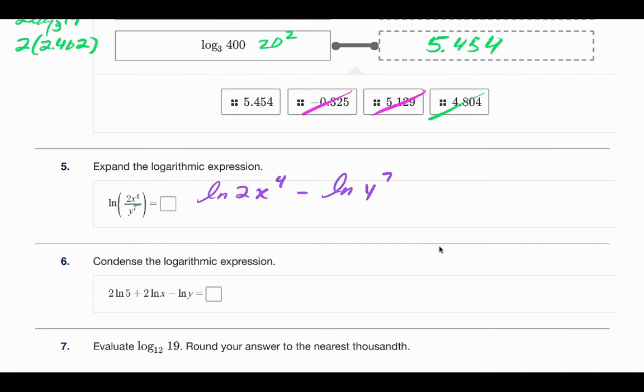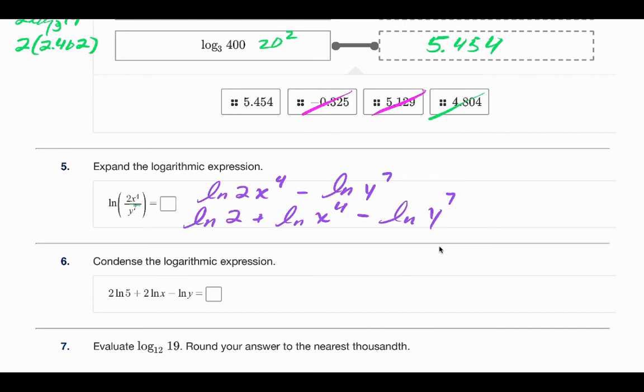All right, so I can rewrite that as the natural log of 2 plus the natural log of x raised to the 4th power minus the natural log of y raised to the 7th power. And then remember, the last thing we want to do is bring those exponents down.